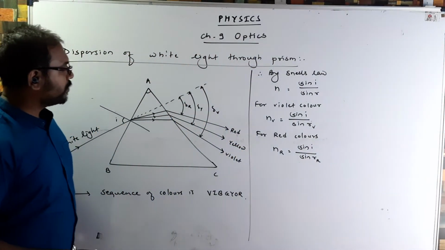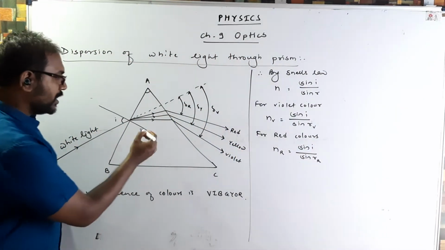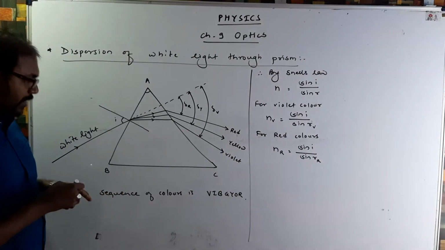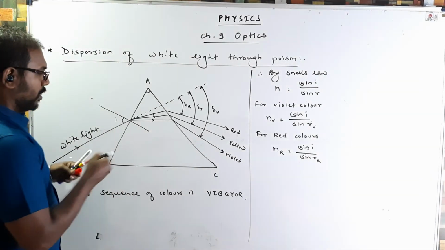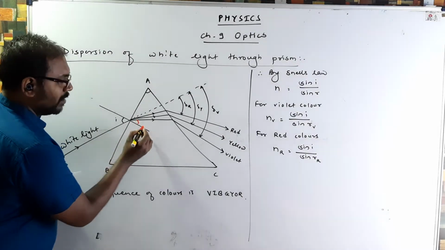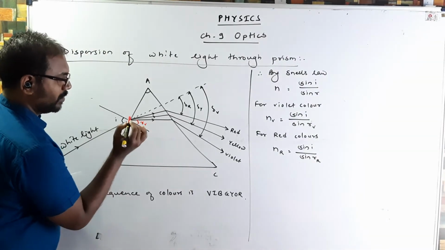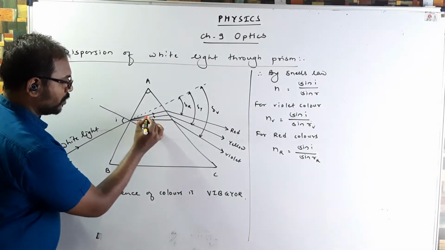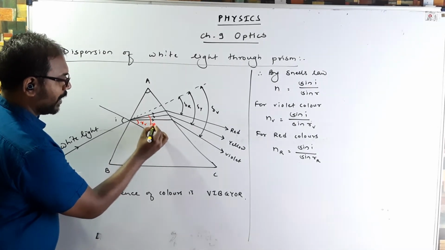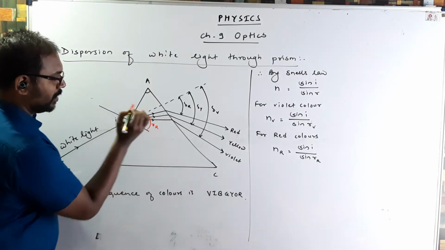Now if you observe this very carefully, let me show with a different pen here. So this is angle of refraction for violet. Now this is angle of refraction for red color.